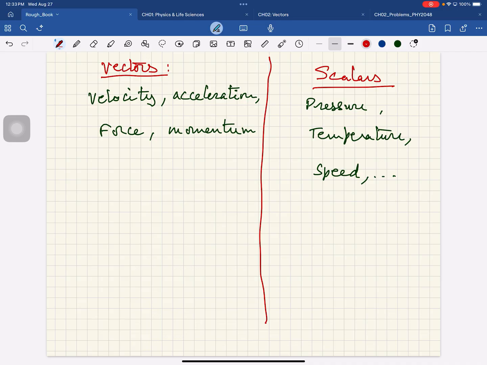In 2 dimensions, you need 2 numbers. In 3 dimensions, you need 3 numbers. Why 3 numbers in 3 dimensions? One for the magnitude, and 2 numbers for directions.